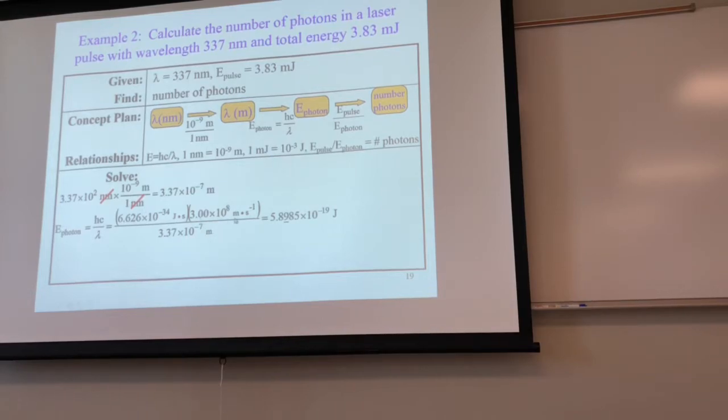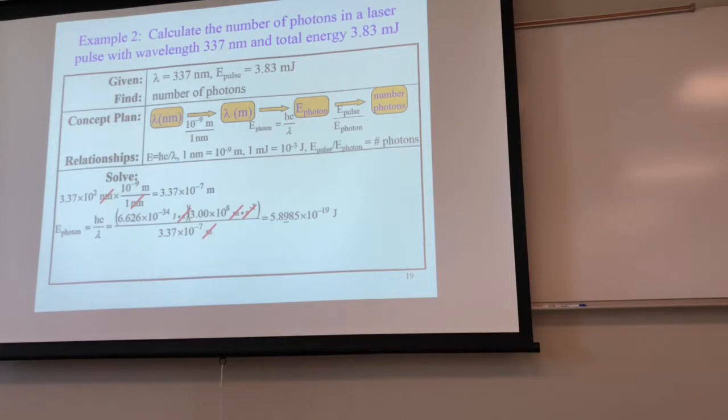Speed of light is here, that's in meters per second. And then you have the wavelength here, which is in meters, okay? And if we did everything right, everything should cancel except for joules. So seconds cancel, and meters cancel, and we'll be left with joules. So that's the amount of energy that's in one photon of this particular wavelength, all right?